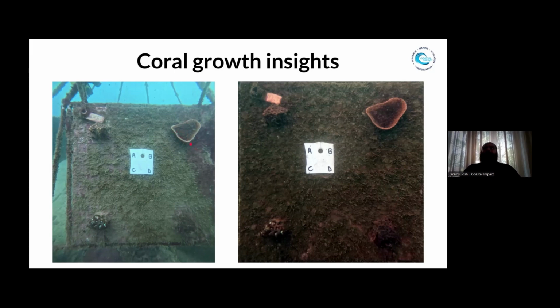As we scaled up, that became a problem. So we developed this sort of method where we would use a reference object, which is what this white square that you can see here. So we would use a reference object of known dimensions and click pictures of each tile. Then we would essentially take those, make sure that they are fixed dimensions, and we would count the number of pixels.